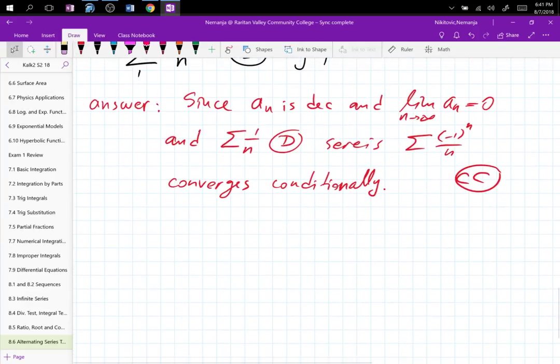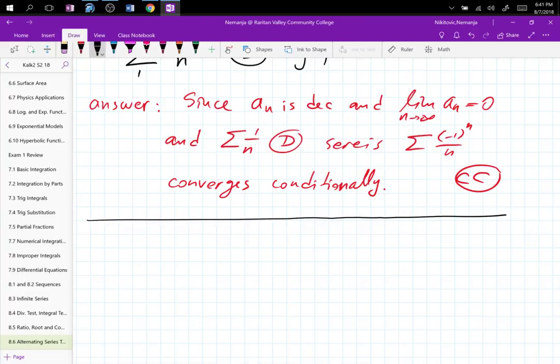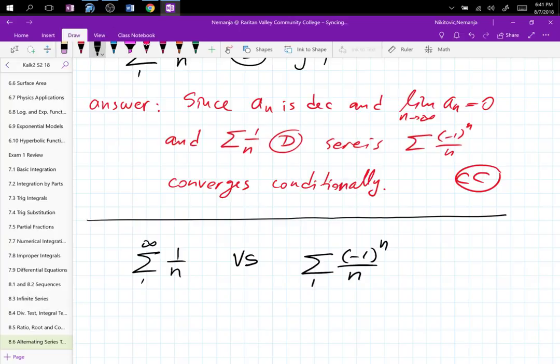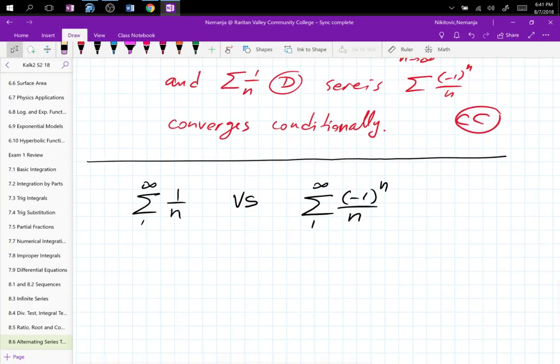Now let's see what is the meaning of this and why it is called that way. So what I have is the summation of 1 over n from 1 to infinity versus the summation of (-1)^n over n. The one on the left-hand side is called the harmonic series, and we know that one diverges by the p-series, integral test, or whatever.